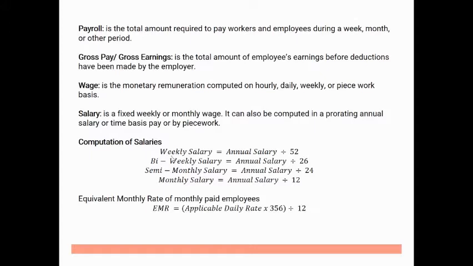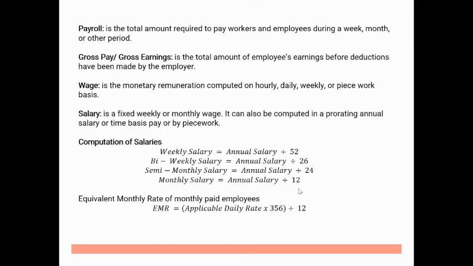For the weekly salary, that will be equal to annual salary divided by 52. For biweekly salary, that is annual salary divided by 26. Semi-monthly salary equals your annual salary divided by 24. And for monthly salary, that will be annual salary divided by 12.